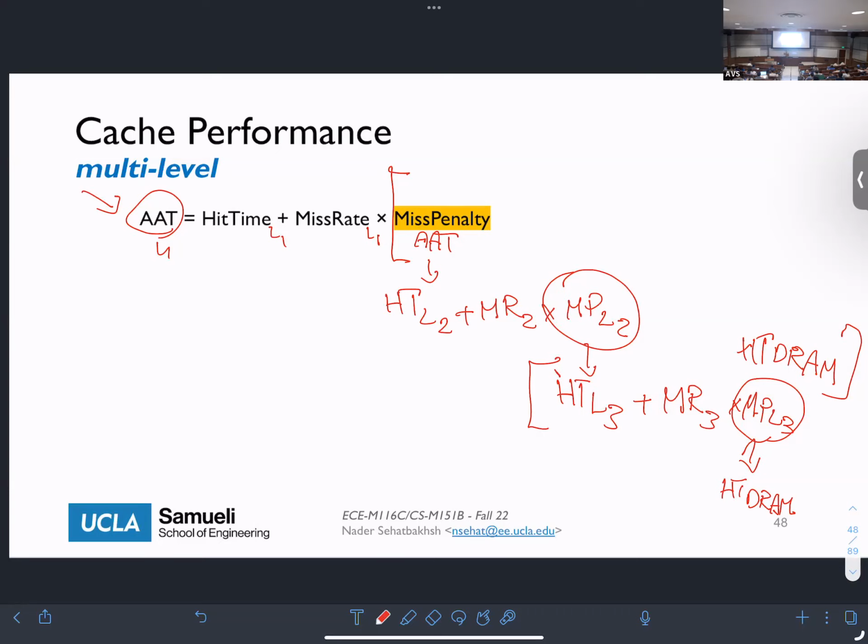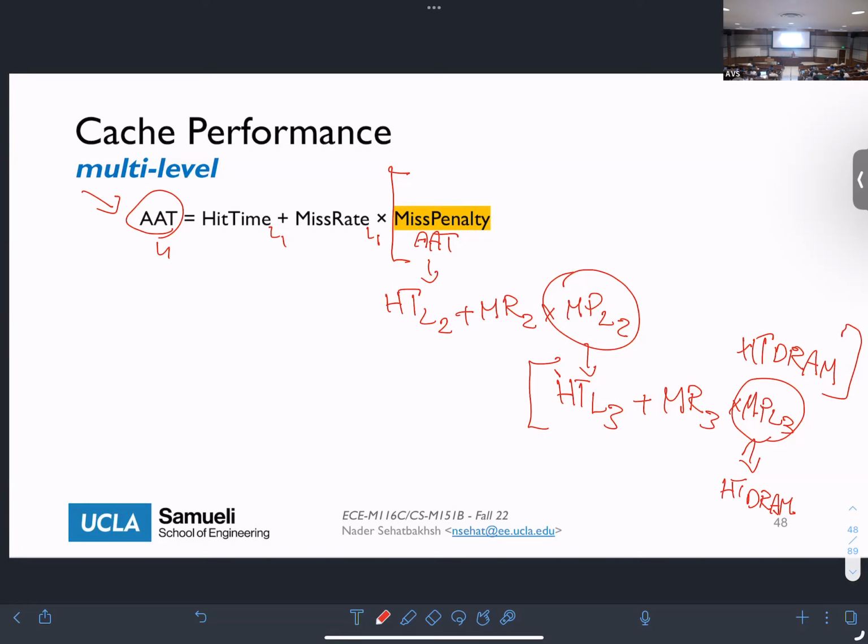That is your hit time, because if it's there, then you have it. If it's not there, you still paid the search time, then you see, oh, I don't have it, so you have to go to L2. Again, you have to search through your L2. That is your hit time of L2. The same story for L3 and so on. Yes, your hit time is the time it takes for searching through your cache.